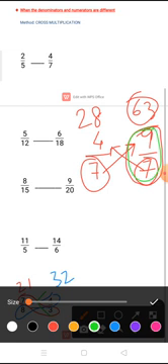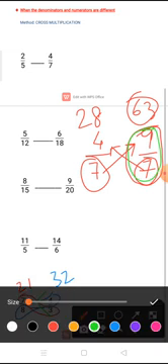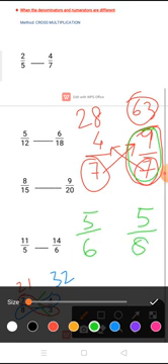And similarly, if the numerators are the same, say 5/6 and 5/8, then as I told yesterday, you have to look at the denominator. The fraction with the smaller denominator will be the greater fraction. But in this case also you can use the cross multiplication process. Same procedure we will follow.